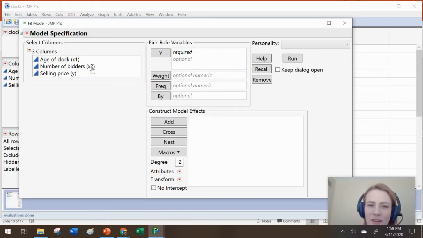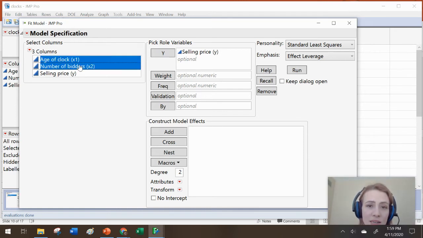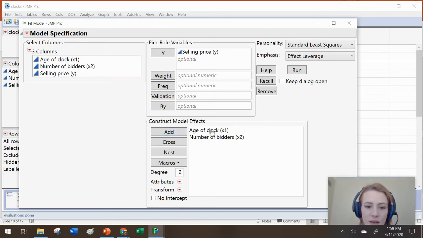So here I was nice, and in the data table, I labeled which variable is which. So the price, or more generally, what it is you want to predict, is going to be y. And then your explanatory or predictor variables, we're going to add all of them down under the model effects. So this one's pretty simple. We have two predictor variables. And then press run.